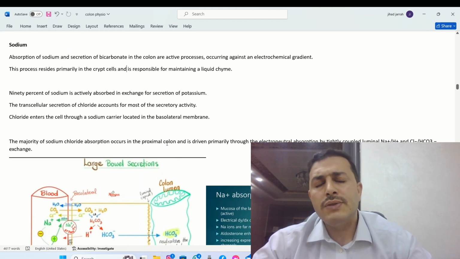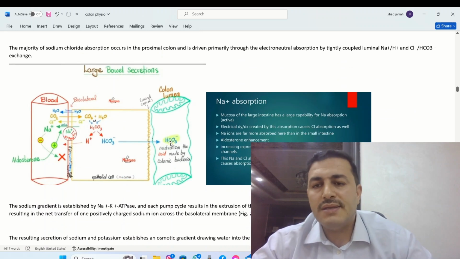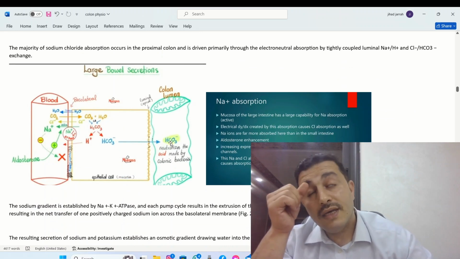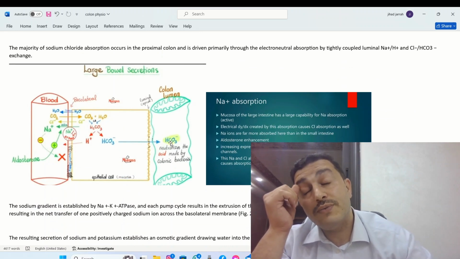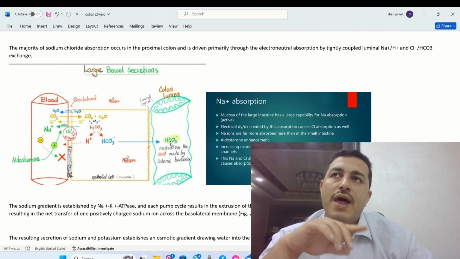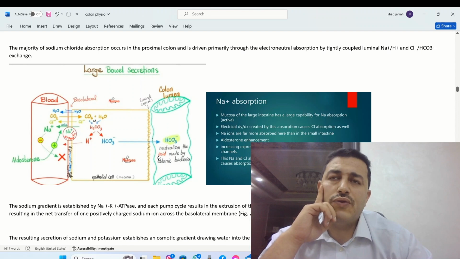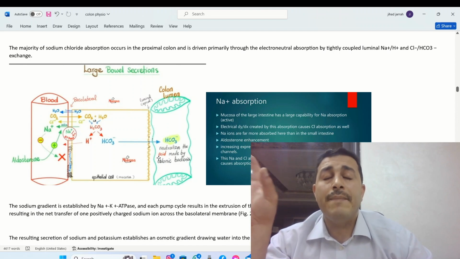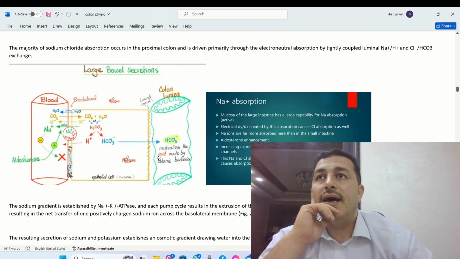If we want to talk about the molecular level of sodium absorption, it's a little bit complex, but you have to know that 90% of the absorption of sodium and the passive absorption of water occur in the proximal colon.